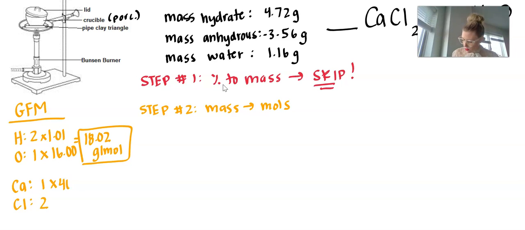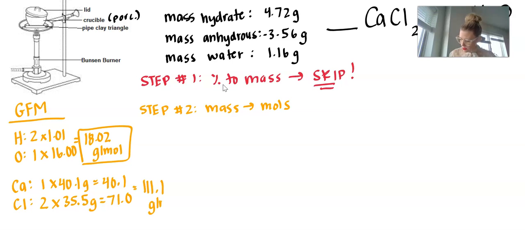Ca's mass is 40.1 grams per mole, and Cl is 35.45. Let's just round it to the tenths for simplicity. That gives me 40.1 and 71.0, giving me an overall gram formula mass for calcium chloride of 111.1 grams per mole.